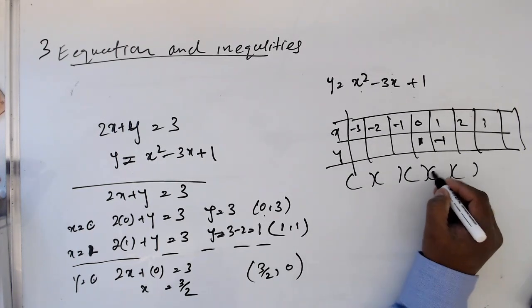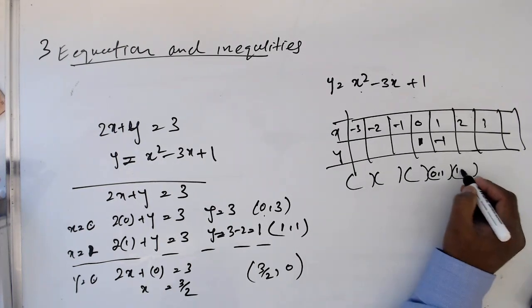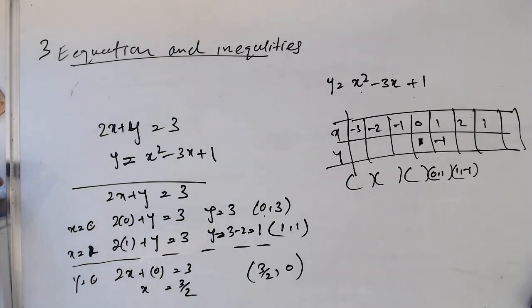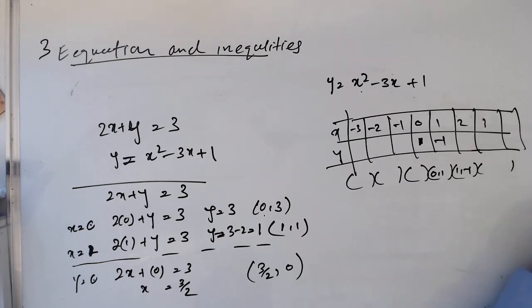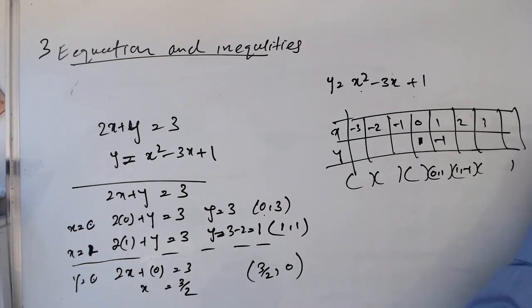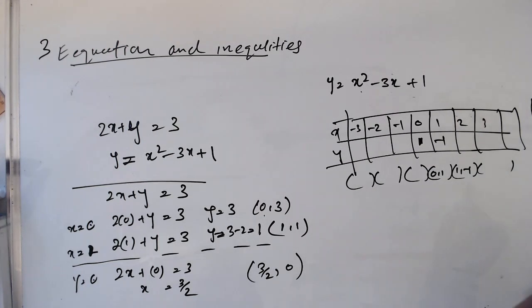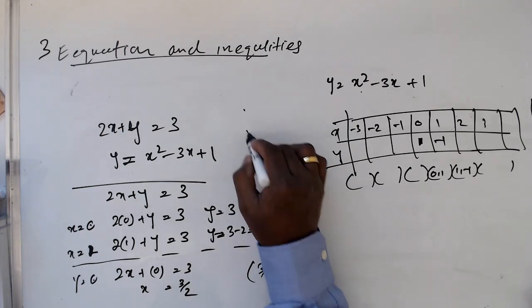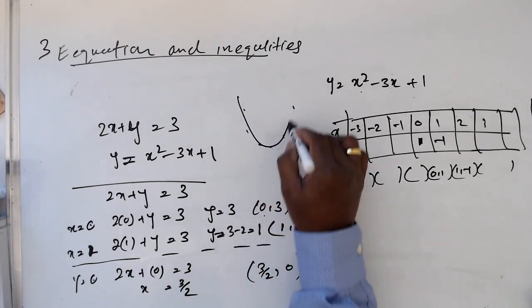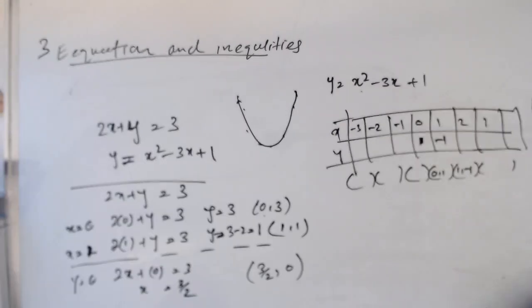So 0, 1, 1, minus 1, likewise, and then you can mark the points and draw the curve.